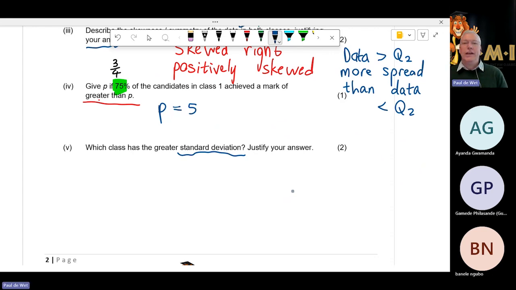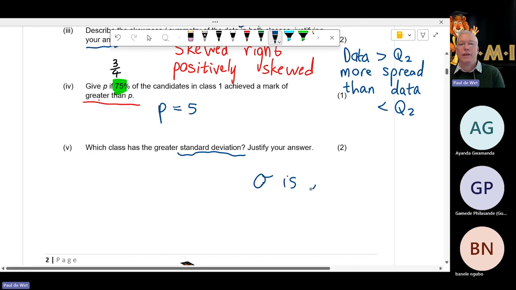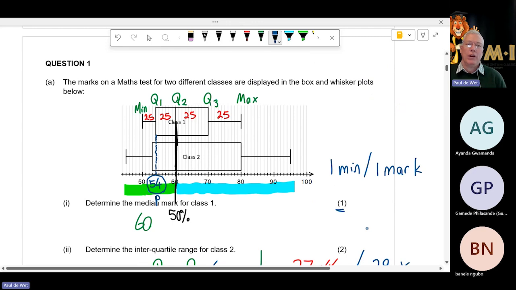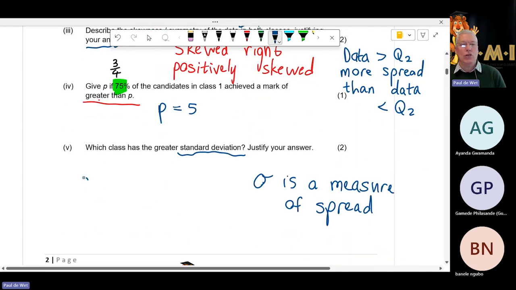Standard deviation is a measure of spread. It's a measure of how spread out the data is. Which data is more spread out? Class 1 or class 2? Class 2. So class 2 has the bigger standard deviation, and the reason is that the data is more spread.